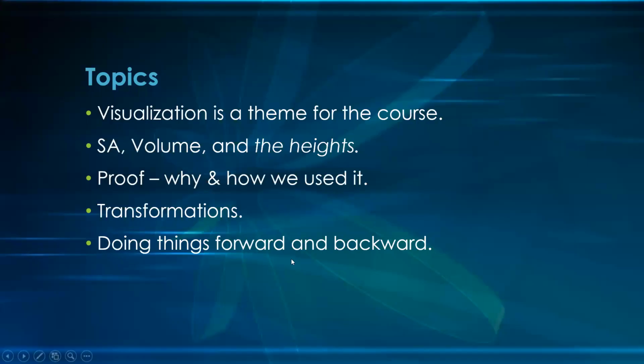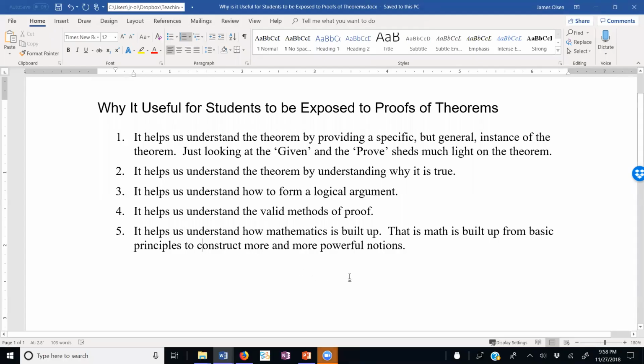The next thing I'd like to do is to talk a little bit about proof and why writing proofs is a valuable thing, and also how we used proofs in this course. Here's a brief list of why it is useful for students to be exposed to proofs of theorems. First of all, it helps us understand the theorem itself by providing a specific but general instance of the theorem.